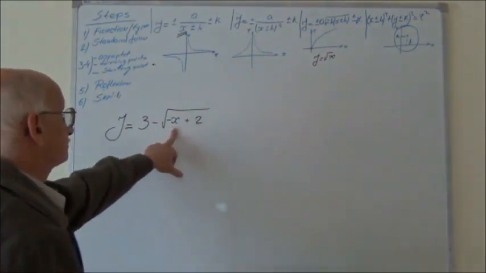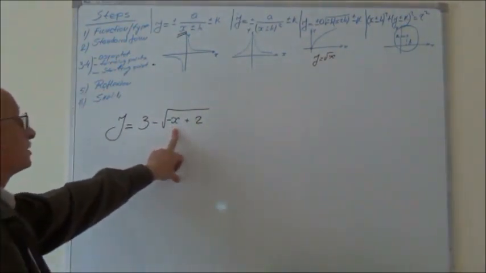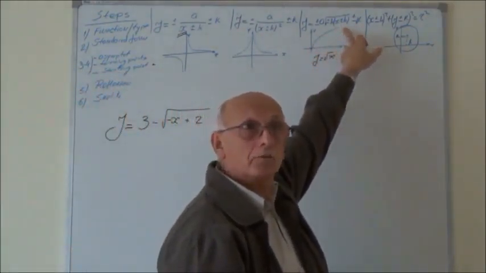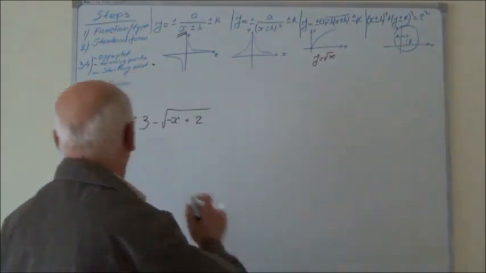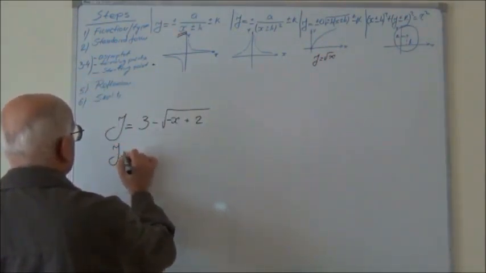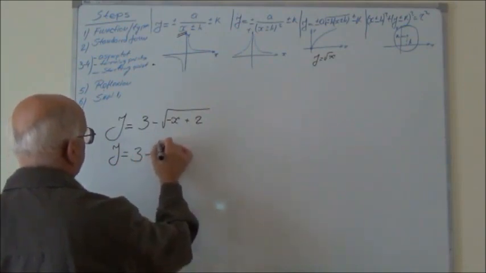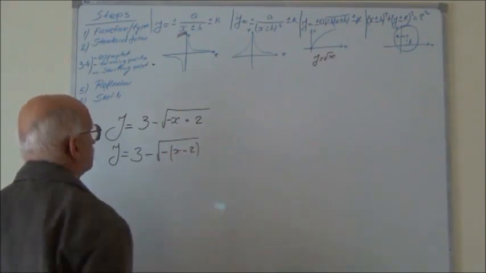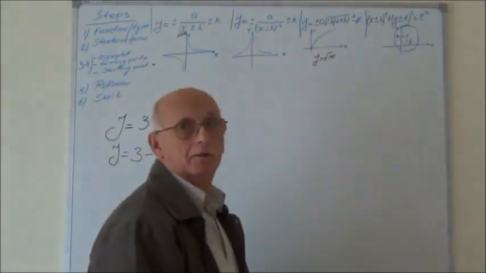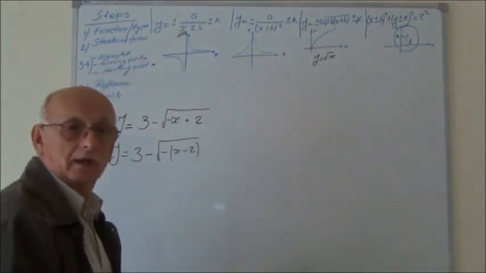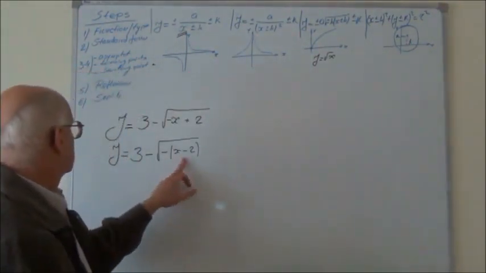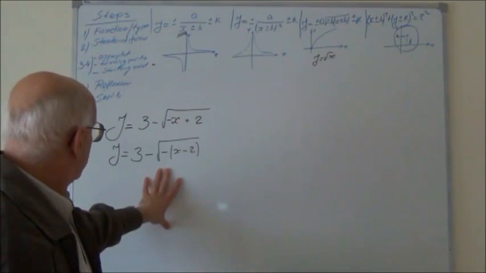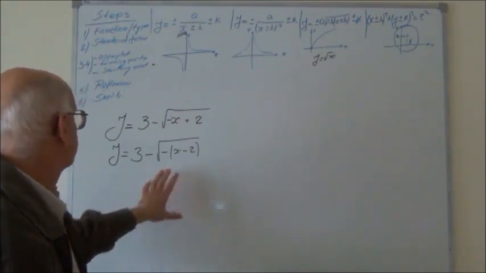Now, this equation, even if not in really exact standard form, needs just little adjustments to be exactly the same, that is that minus, but now x minus 2. We will do some examples a bit later when we change our equation to standard form, but this one is just to show you how to work with reflections.